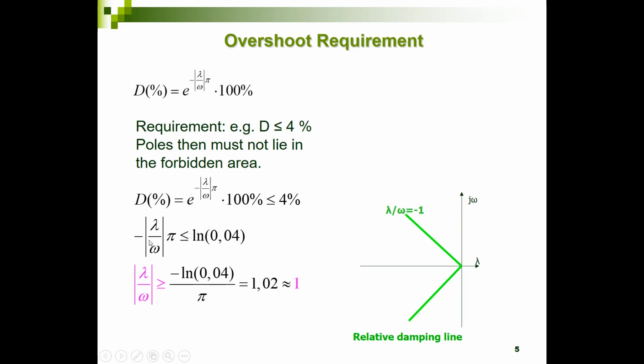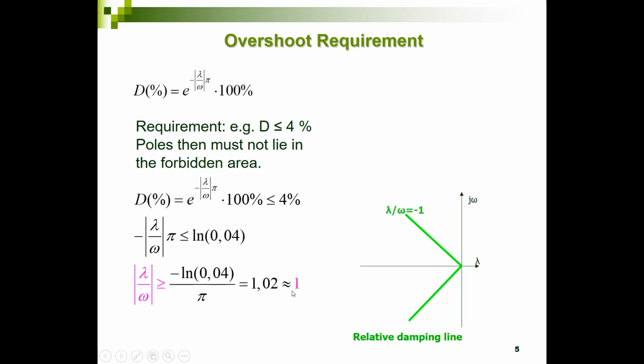Or we can also say minus the absolute value of lambda over omega times pi has to be smaller or equal to the natural logarithm of 0.04. And that means that the absolute value of lambda over omega should be larger or equal to minus the natural logarithm of 0.04 divided by pi, which is almost 1.